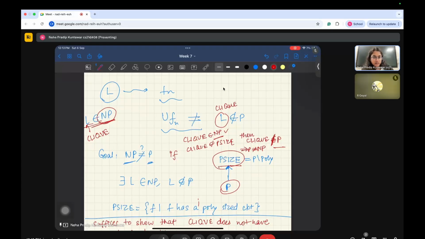So that is one approach for solving it. What needs to be done for that is to show that clique is not in P/poly. That would mean we want to show statements like: no matter what polynomial size circuit we are looking at, it cannot be the same as the clique function.